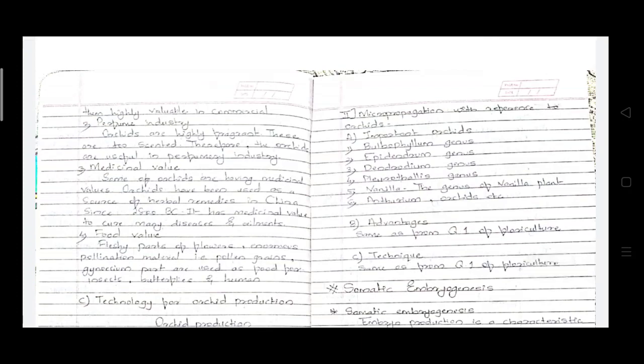It has medicinal value to cure many diseases and ailments. These orchid plants are used for preparing herbal medicines and are very useful in many diseases. So ultimately these plants have medicinal value.